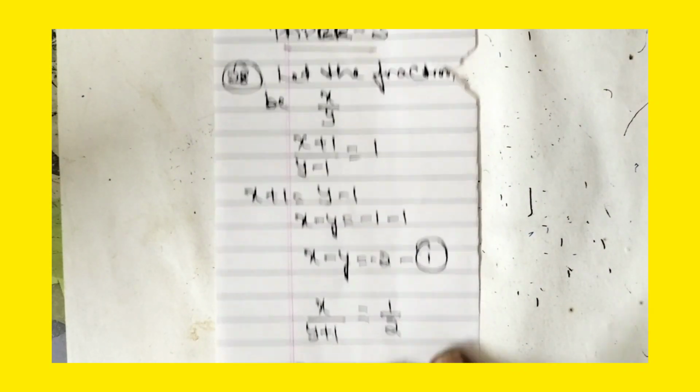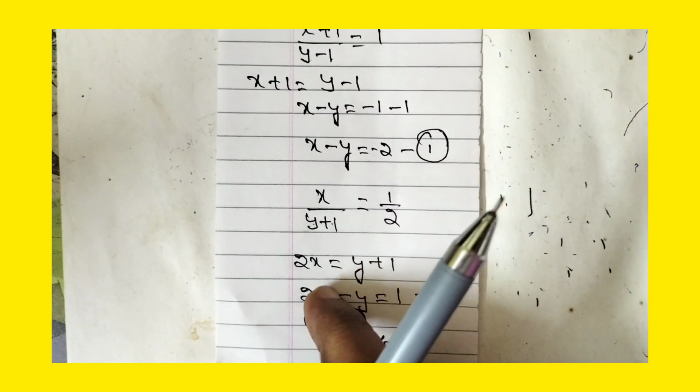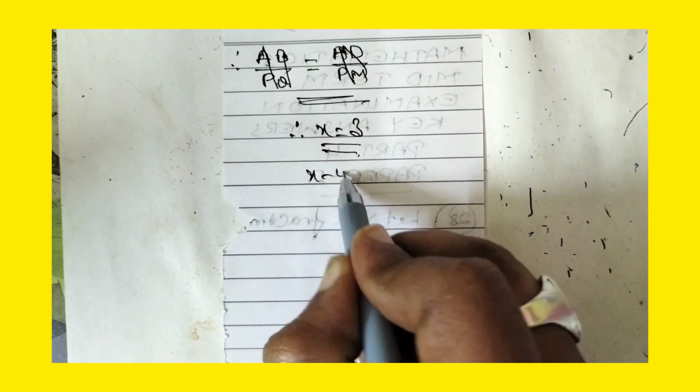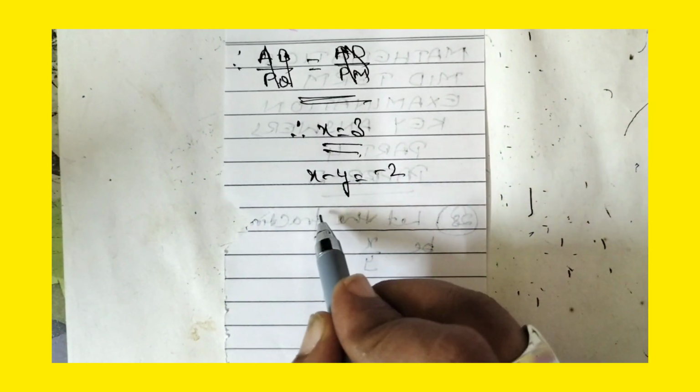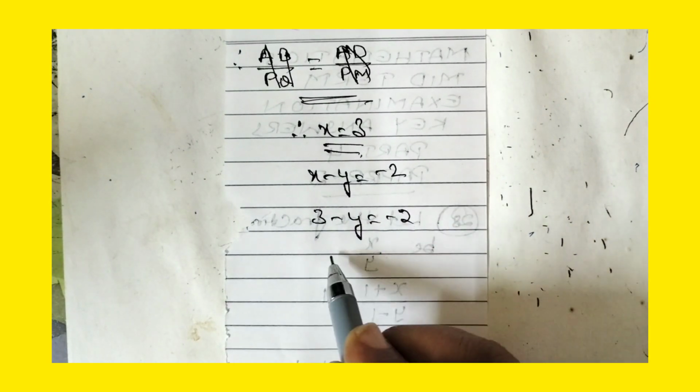After getting the value of x, substitute the value of x in either equation 1 or equation 2. In equation 1, x minus y is equal to minus 2. Putting x as 3: 3 minus y is equal to minus 2.